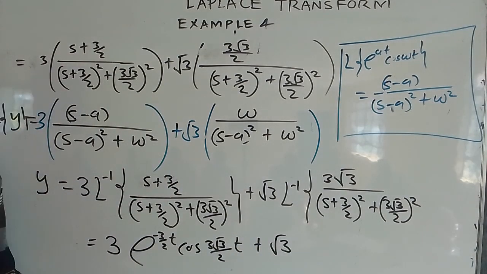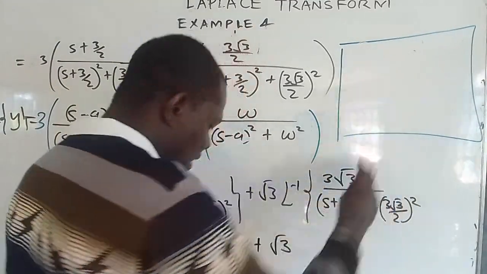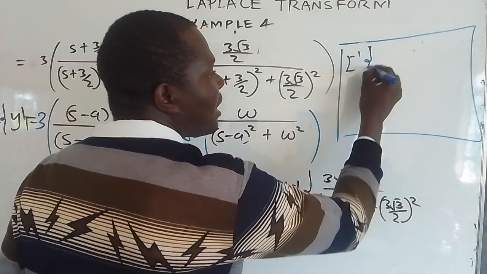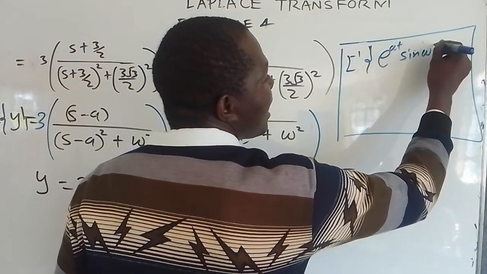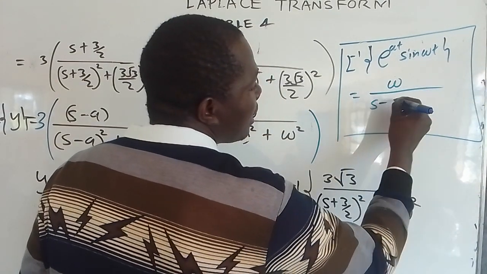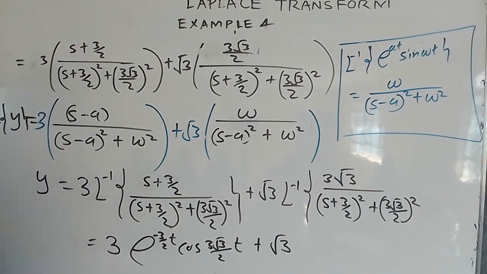Then you go back to your rough work, isn't it? From the rough work, we found that the Laplace inverse of W over S minus A squared plus W squared is simply exponential AT sine WT. That is what we found in the rough work. Are we together?